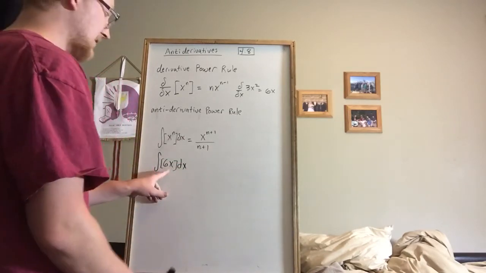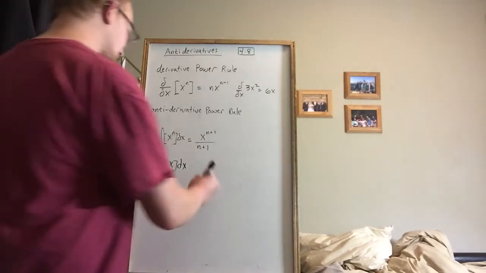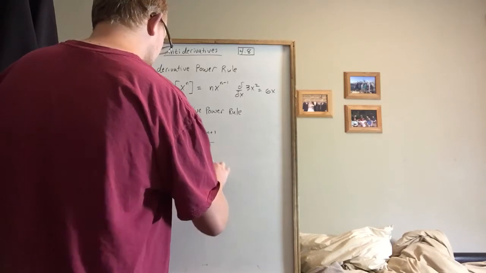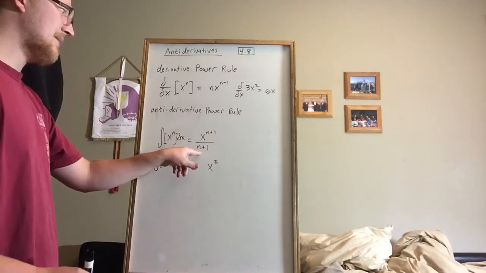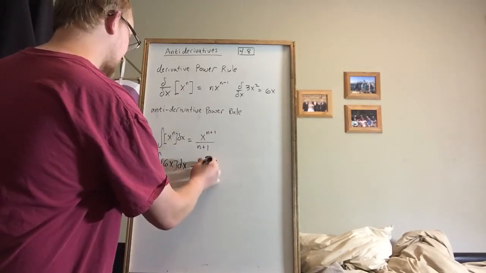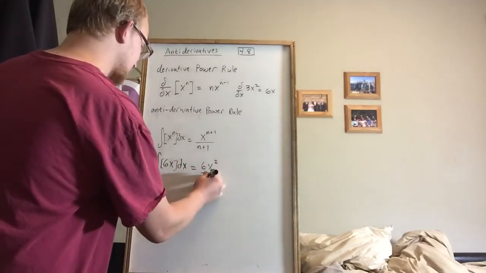We add 1 to the power, x to the n plus 1. 1 plus 1 is 2, so now we have x to the 2, and then divide by what the power became. And so we have 6x to the 2 divided by what the power became, which is 2.